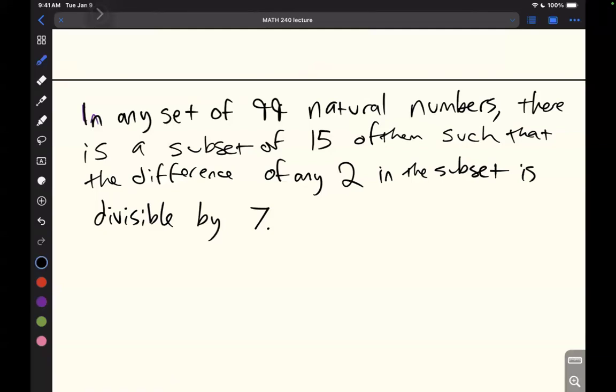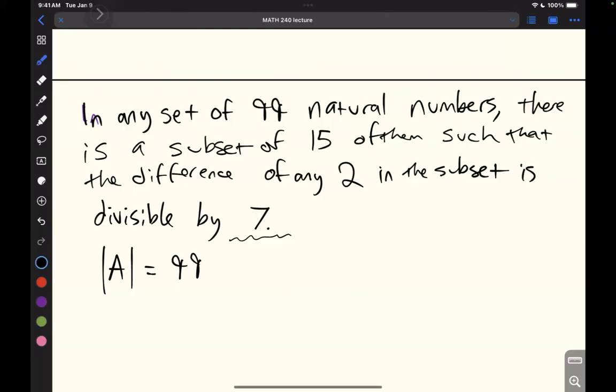All right, so how do we break this down? So we've got some set, let's call it A. There's 99 things in it. And so we're looking at divisible by 7. And so since we're working with natural numbers, we can look at each number in our set and ask, what is this number congruent to modulo 7?